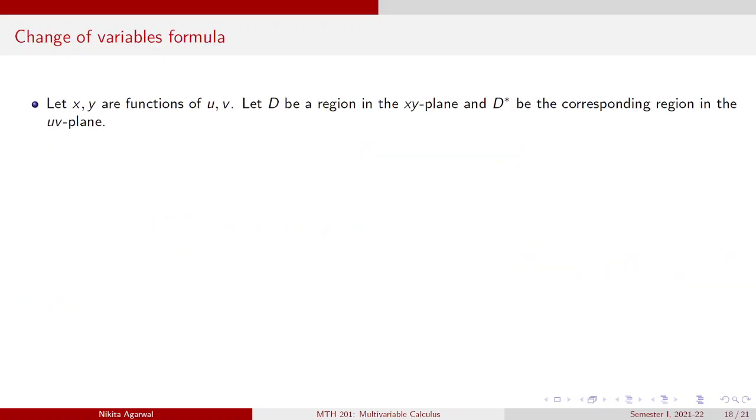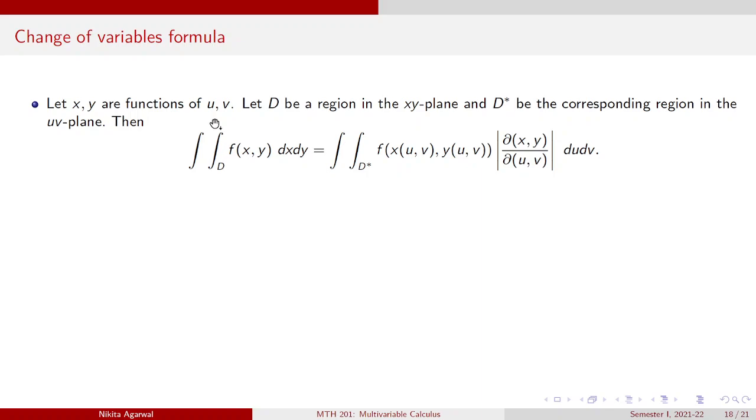So let us look at the general change of variables formula. Let x and y be functions of u and v, let D be a region in the xy plane and D star be the corresponding region in the uv plane.